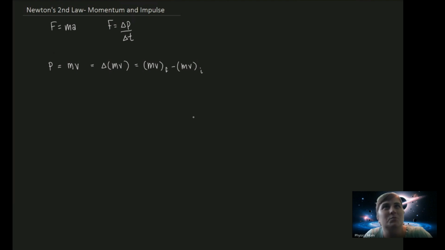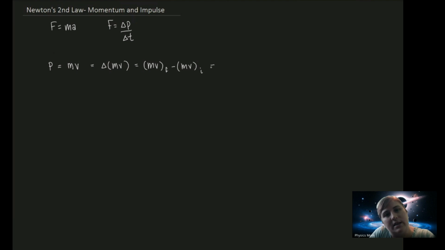And unless we're talking about something like rocket propulsion where it's burning fuel as it leaves the atmosphere, so its mass is changing over time, mass is generally considered to be constant. So for every example we're going to look at, we're going to set mass to be constant. And we can actually pull it out of this. It's kind of a semi-derivative here, but we can pull it out because it's just a constant.